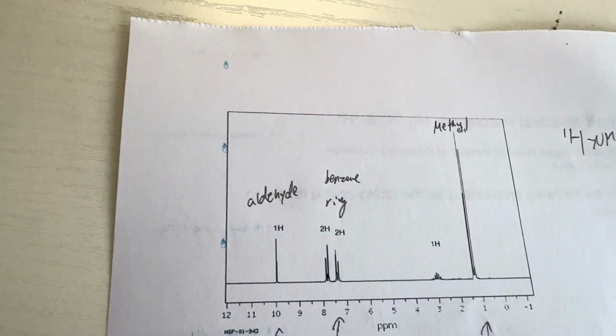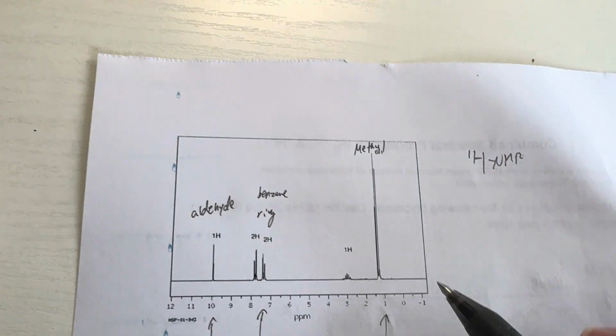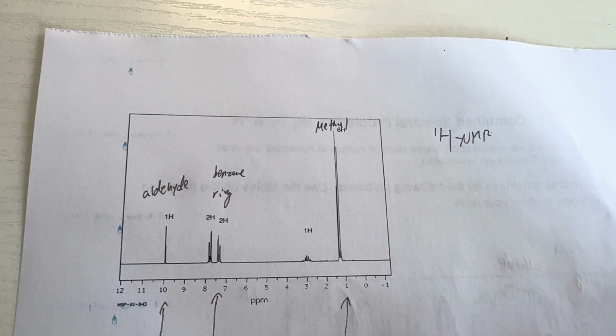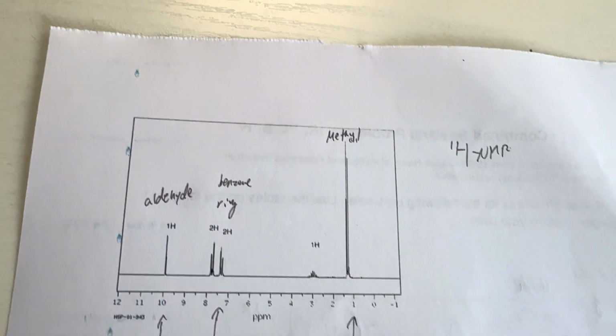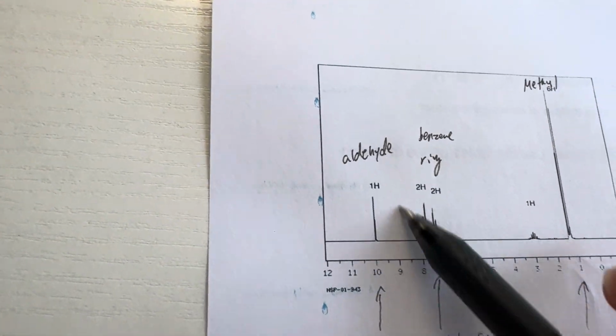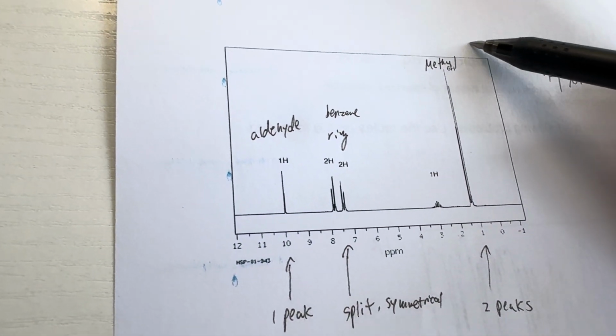So we flip the page over, and we got the proton NMR spectrum. Back in the first part, we discussed that we have 5 degrees of unsaturation, and from the carbon NMR chart we know that here we got the aldehyde, this is a ring, and this is a methyl.